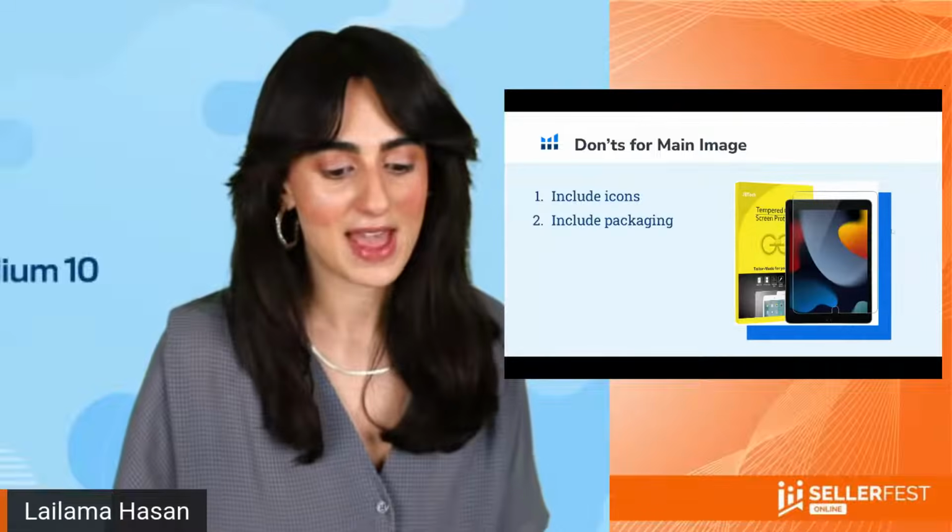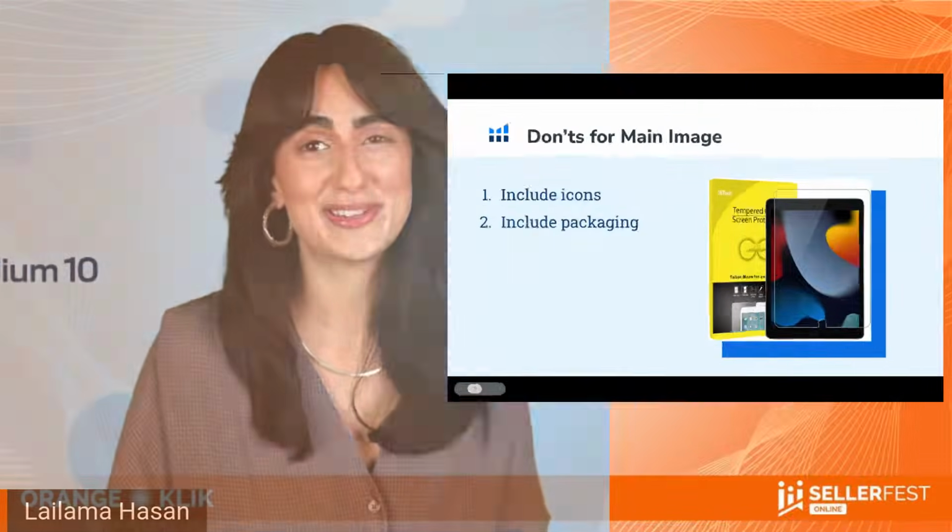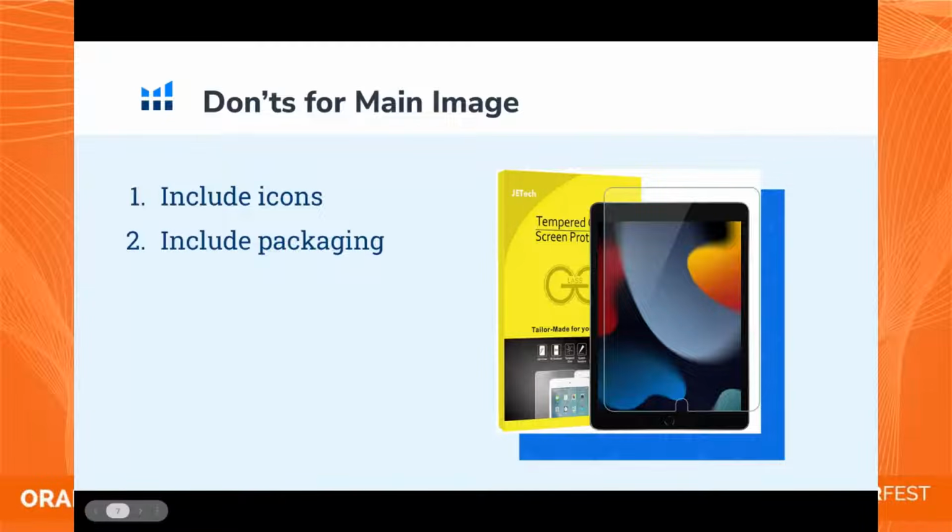Okay. And the next one is to include your packaging. Now, according to the Amazon rules, there's a bit of a debate around that. You can include packaging if, quote unquote, there are important product features.